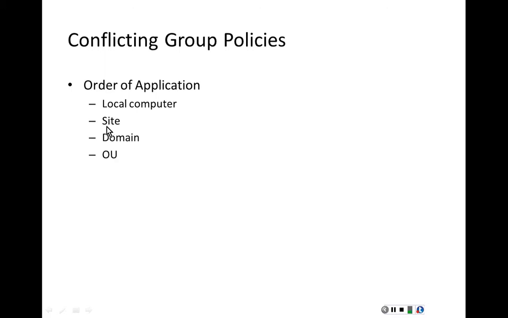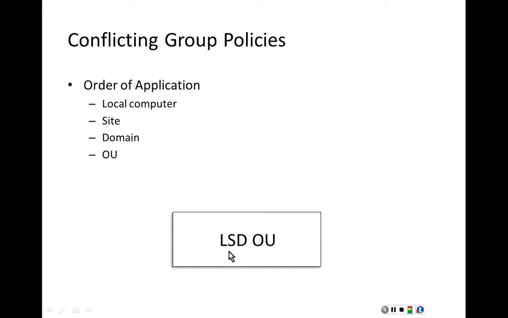If there are no site policies, well, then they won't apply to anything. Usually policies are just configured at the domain and the organizational unit level if you have one single geographic site. The funny way to remember this is LSDOU: local, site, domain, and organizational unit.